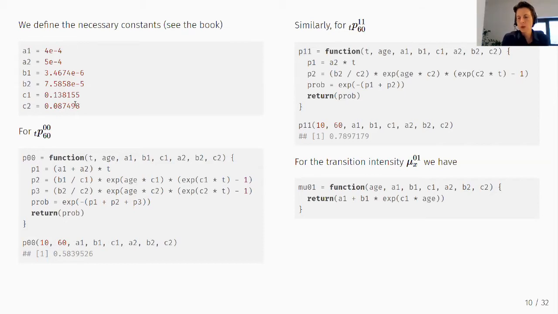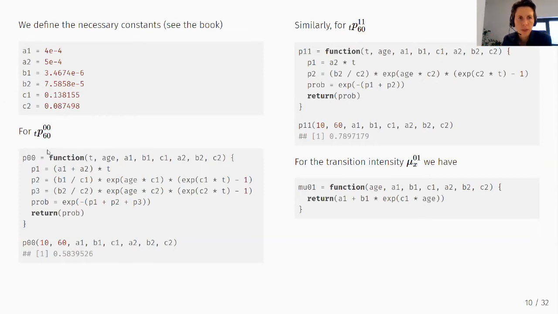Of course, that's a bit of an artificial situation. In our book, we take the transition intensities as given. In reality, this is what you would have to estimate from a given data set with the observed number of transitions over a certain time period on a group of insureds who bought this particular insurance product that we are discussing. So assume the constants to be given.